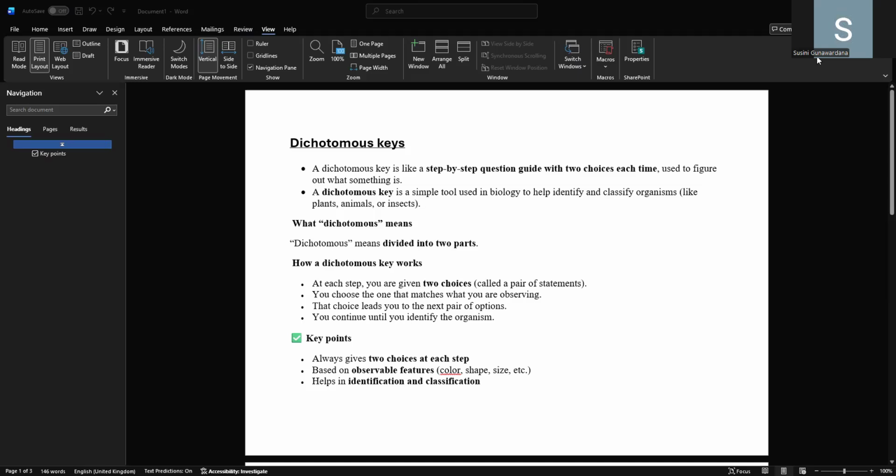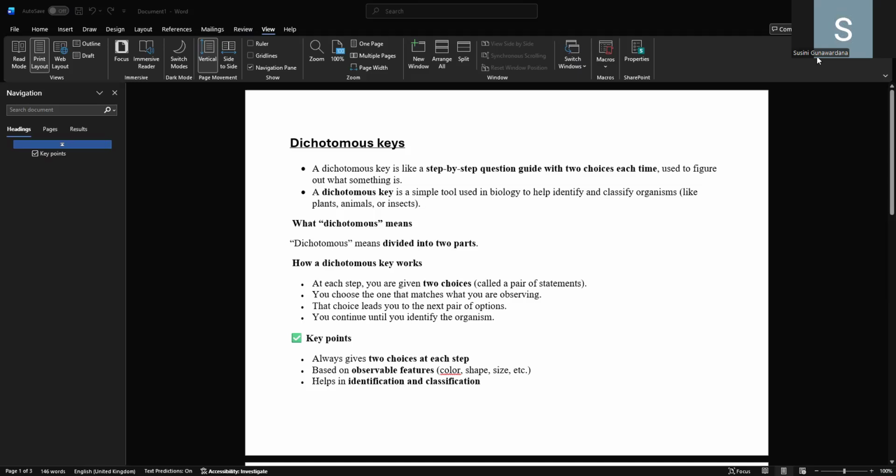Dichotomous means dividing into two groups, dividing into two parts. So we'll see how a dichotomous key works. At each step, you are given two choices called a pair of statements, right?